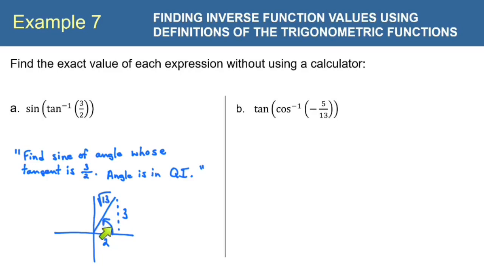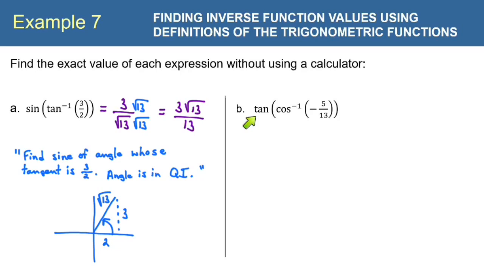Now, whatever this angle is, the sine of this angle will be 3 over square root of 13, y over r. Now this is the sine value, but it does need to have the denominator rationalized. So we'll multiply top and bottom by square root of 13, and that will give us 3 square root of 13 over 13.